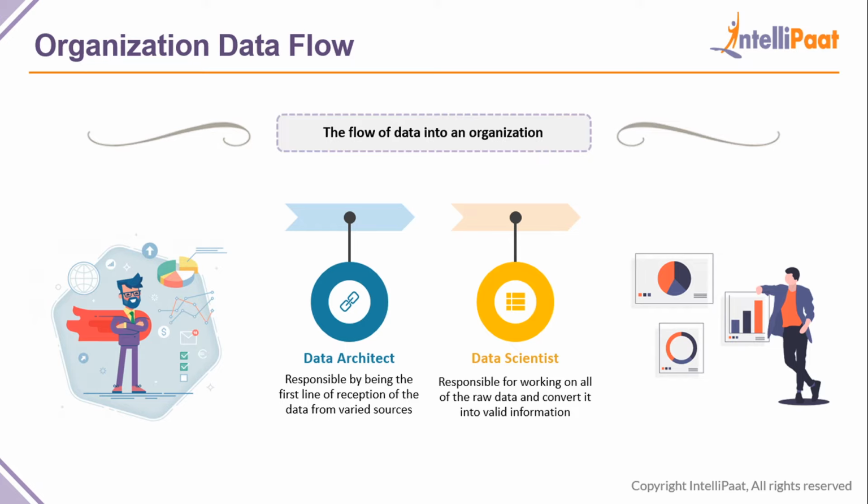When all the data starts coming through the pipeline to the company servers or the company's firewall, and it passes all of that, the first person to actually handle all of this data is the big data architect. This person is the first line of reception. When we talk about first line of defense in war, well, the data architect is someone like that. They are the first line of reception when it comes to handling the data from the varied sources.